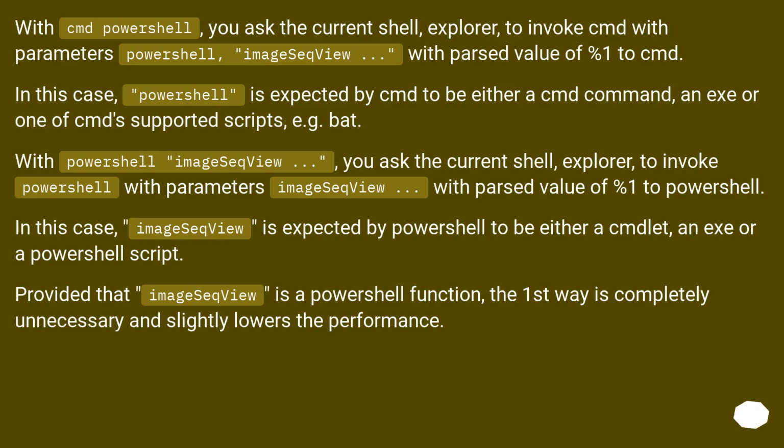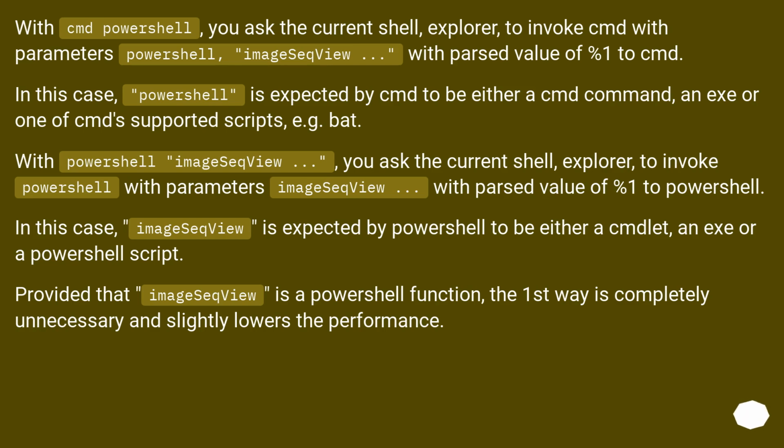With cmd PowerShell, you ask the current shell, explorer, to invoke cmd with parameters PowerShell and the command, with the parsed value of %1 passed to cmd. In this case, PowerShell is expected by cmd to be either a cmd command, an exe, or one of cmd's supported scripts, for example BAT.